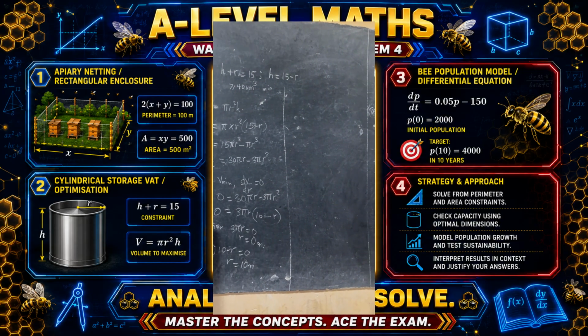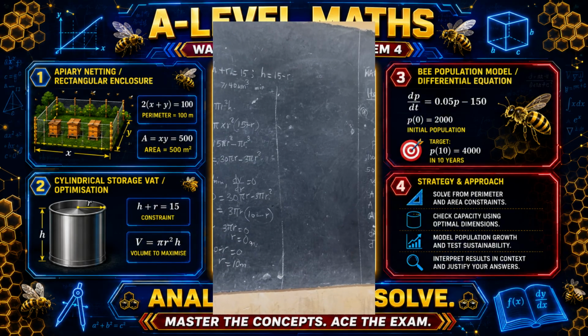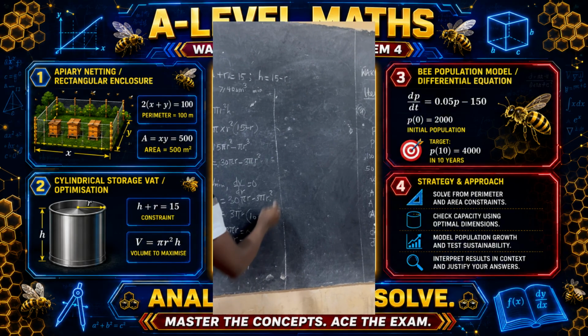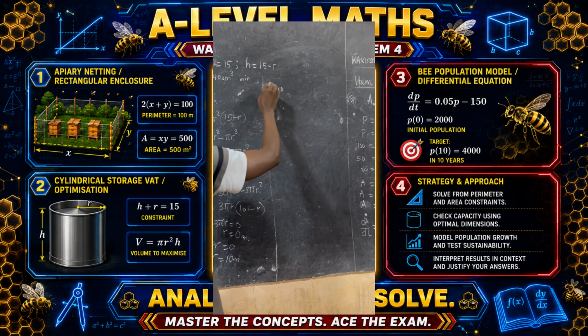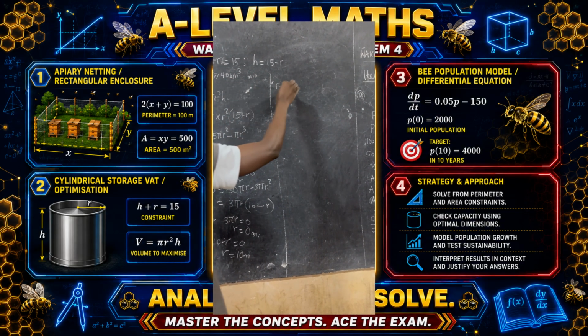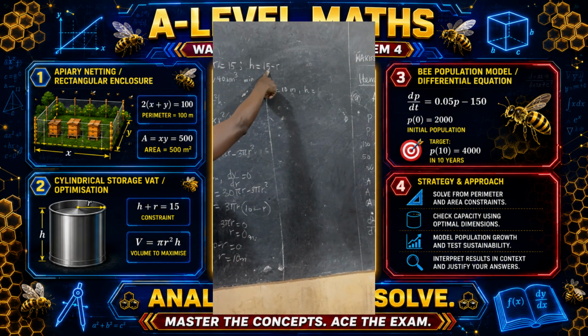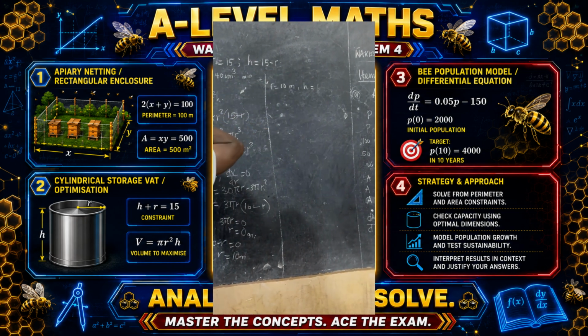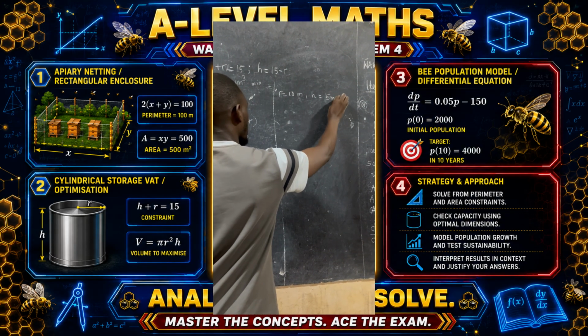The question is, does the proposed storage provide enough capacity, so I need to get the capacity. r is 10. If r is 10 meters, what is h going to be? h is going to be 15 minus 10, which is 5 meters.